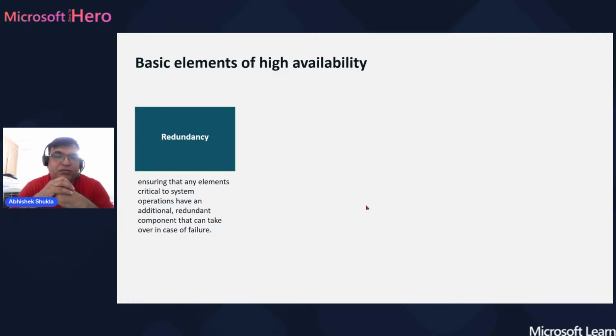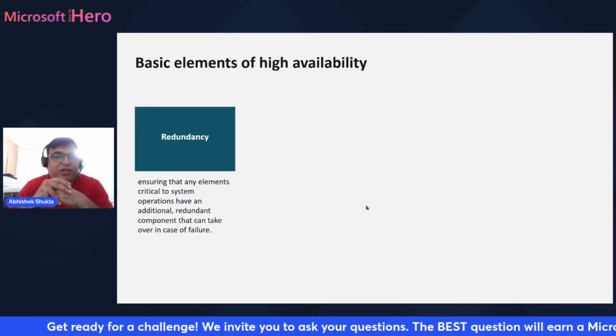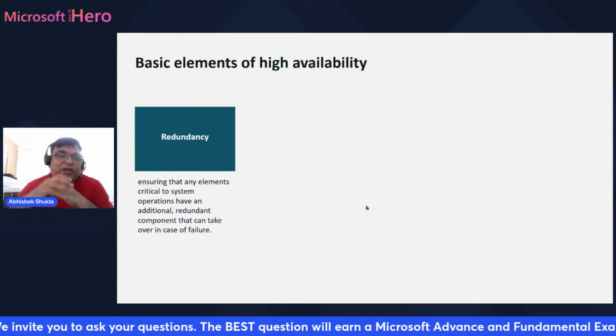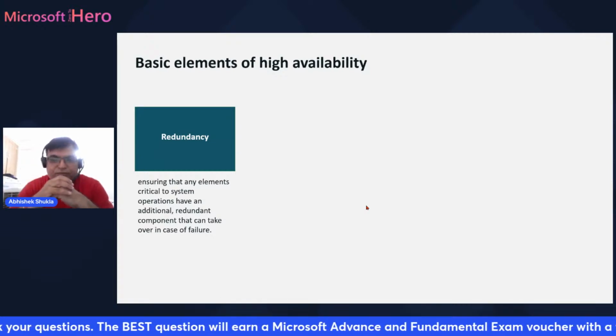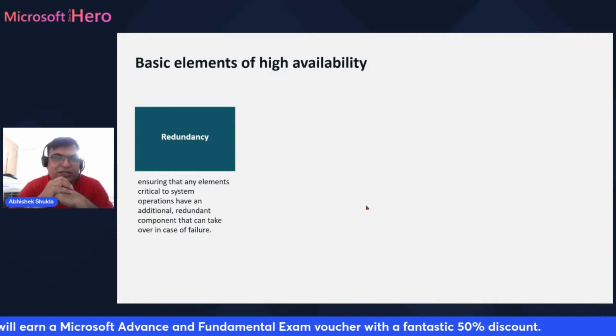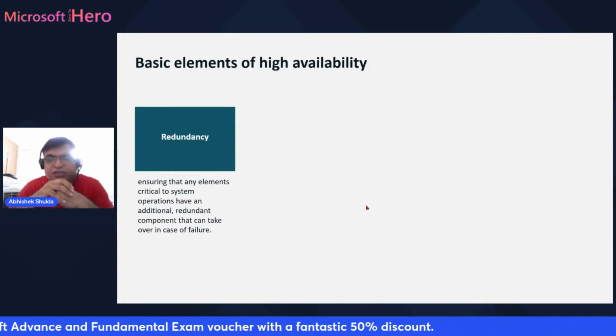You should have multiple databases. If one database goes down, then your application or solution should be able to work with the next database. Again, there can be challenges. We will discuss what the possible challenges can be and how we can overcome them.